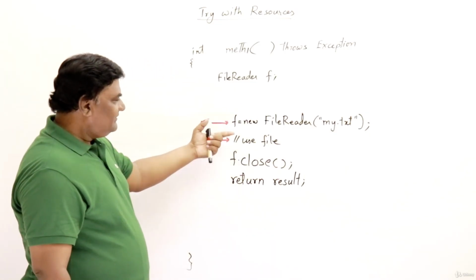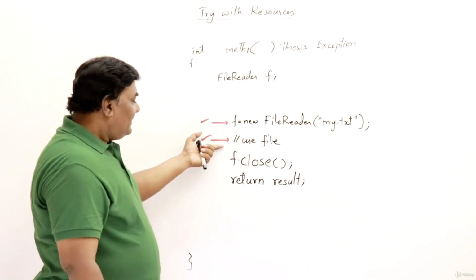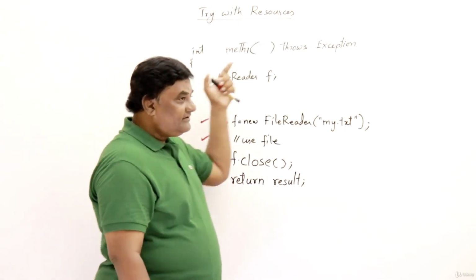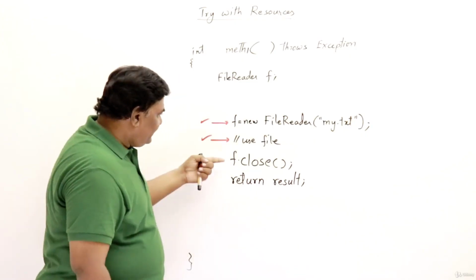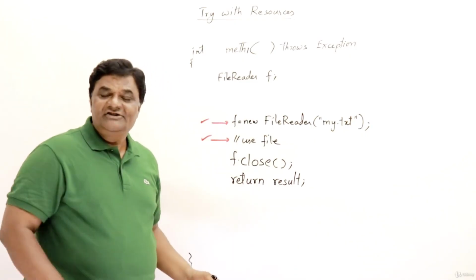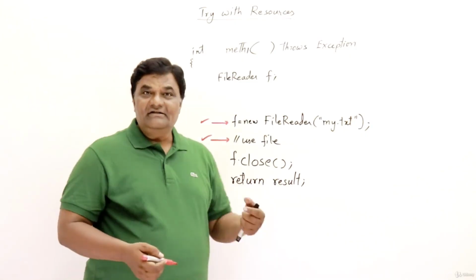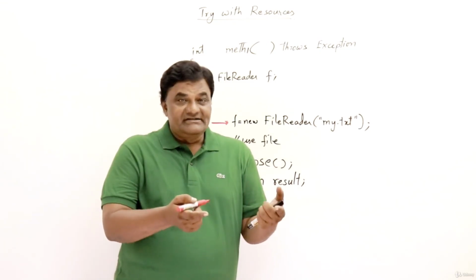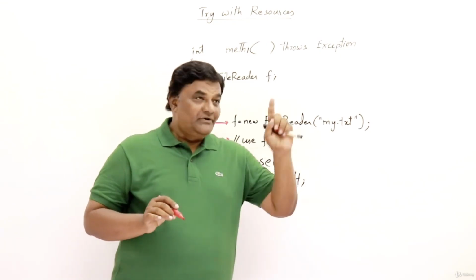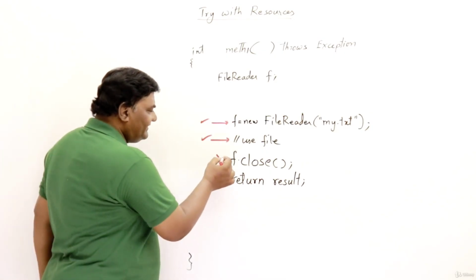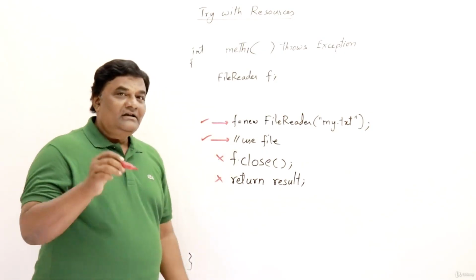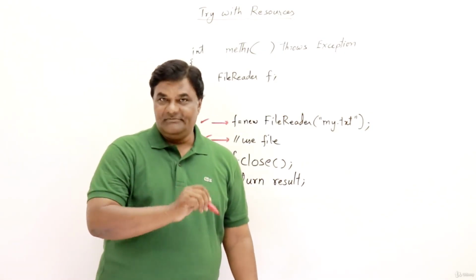In case of exception, what happens? It will open the file, use the file, and there is an exception. It stops the method here and returns to the calling method with an exception. So what about these two lines? They will not get executed, because a method can return a result or throw an exception. So it is throwing an exception, and in case there is an exception, it will not execute these lines. Now, the other problem.